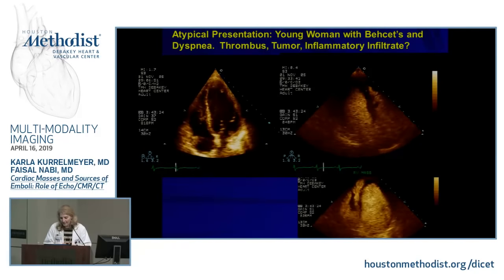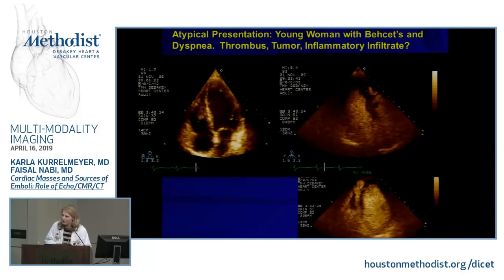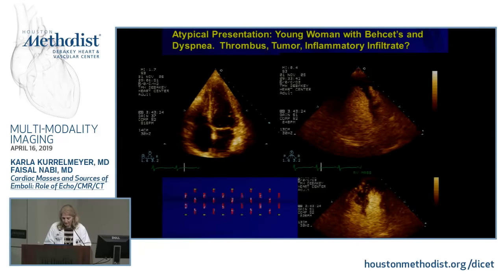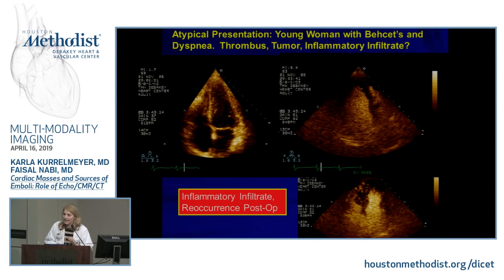So it was decided that this mass needed to be removed. She underwent surgical resection. It got sent off to path. It came back as inflammatory infiltrate and actually recurred on her artificial chordae in her right ventricle a year later. So this is just one of those autoimmune diseases that's associated with significant amounts of inflammation.